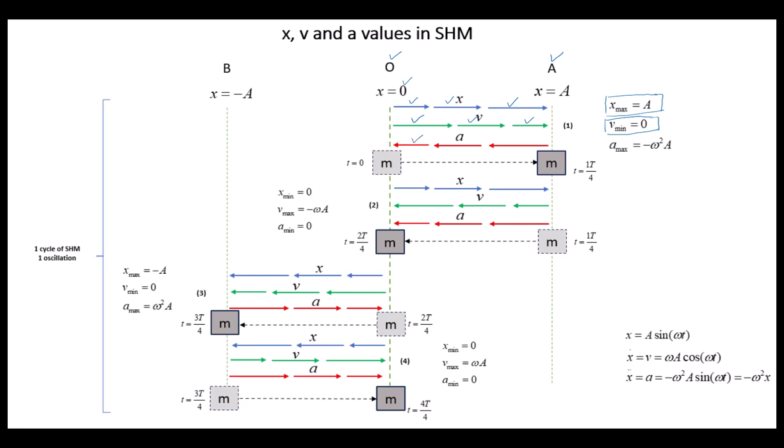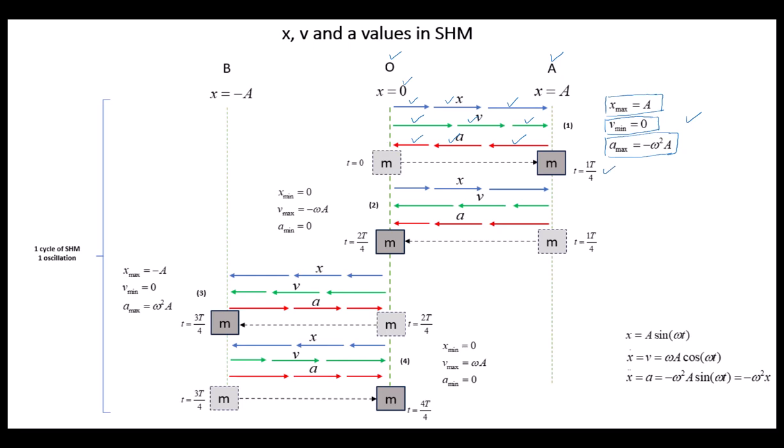As the object moves towards the point A, the acceleration goes on increasing in magnitude, but the direction always remains towards the center, which means negative. And the maximum value of the acceleration, A max, is given by minus omega square A. So it is important to remember the values at the extreme point A. All this motion for the first quarter of SHM takes a time t equal to T over 4.